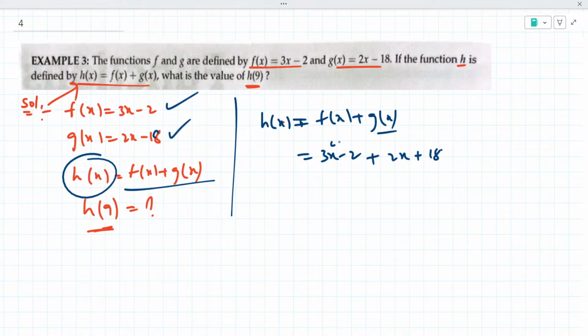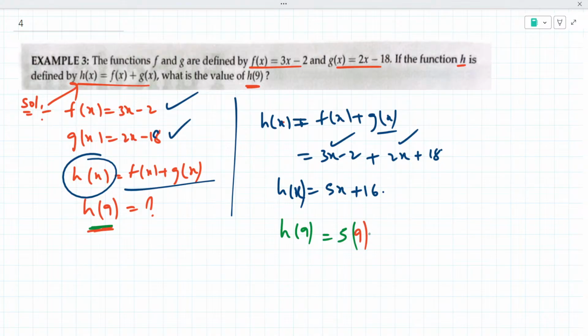So what we are going to get: 3x plus 2x, which is 5x, plus 16. This is h of x, but we need h of 9. H of 9 equals 5 into, in the place of x, we substitute 9. That's going to be 9 fives, 45, plus 16, which equals... am I going right?